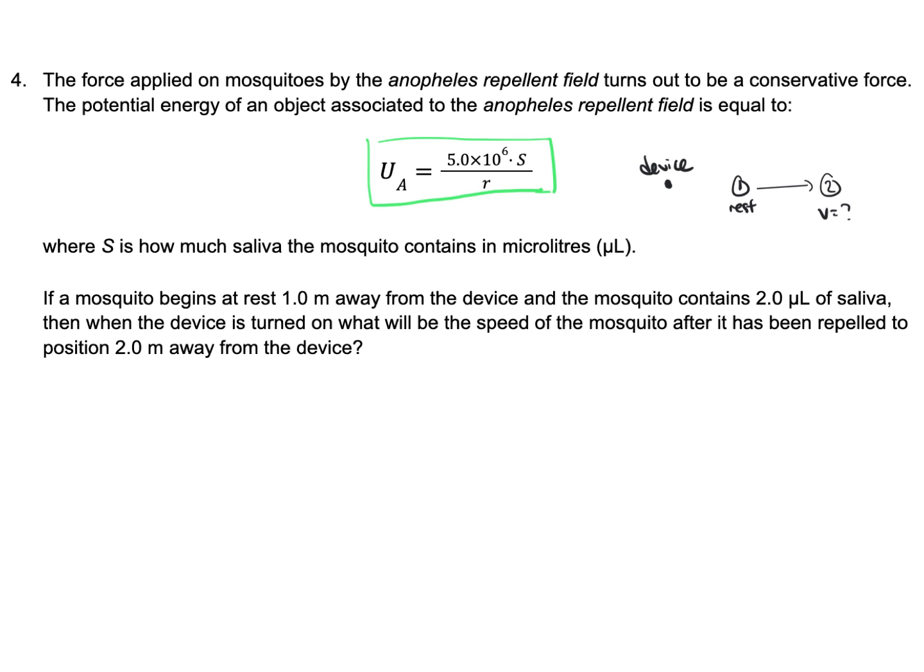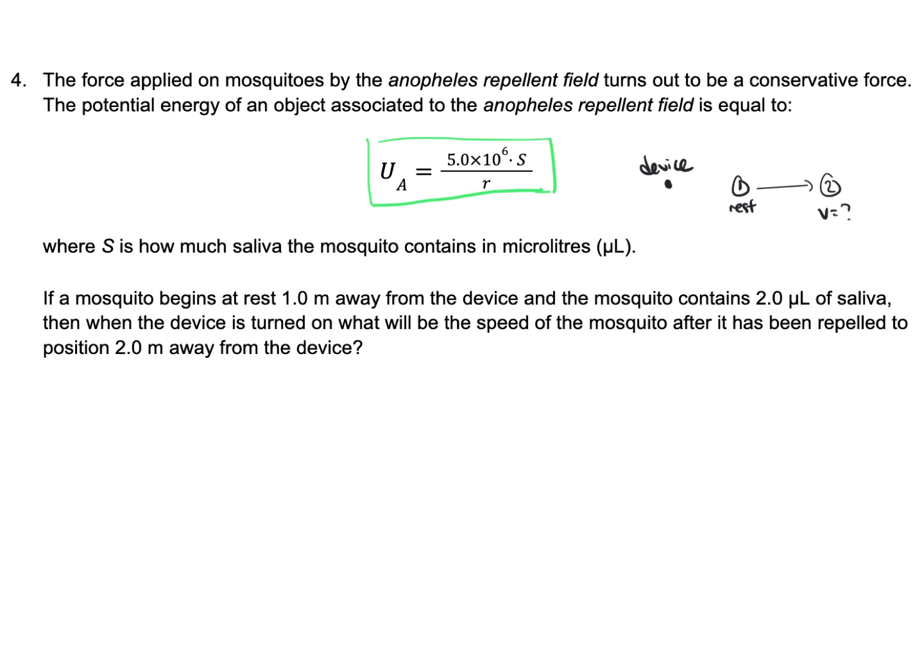Okay, so this is going to be a conservation of energy formula. And again, we're assuming, as per the previous question, that gravity is negligible. So we're not going to include gravitational potential energy. There's no springs involved here, so we're not going to include elastic potential energy either.